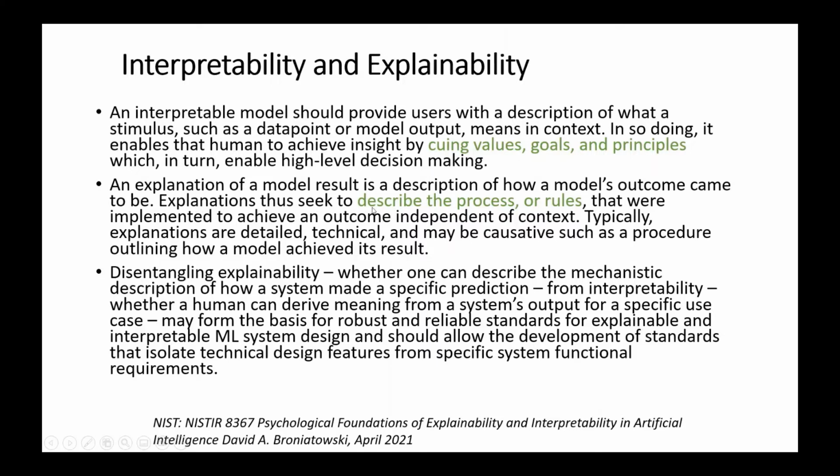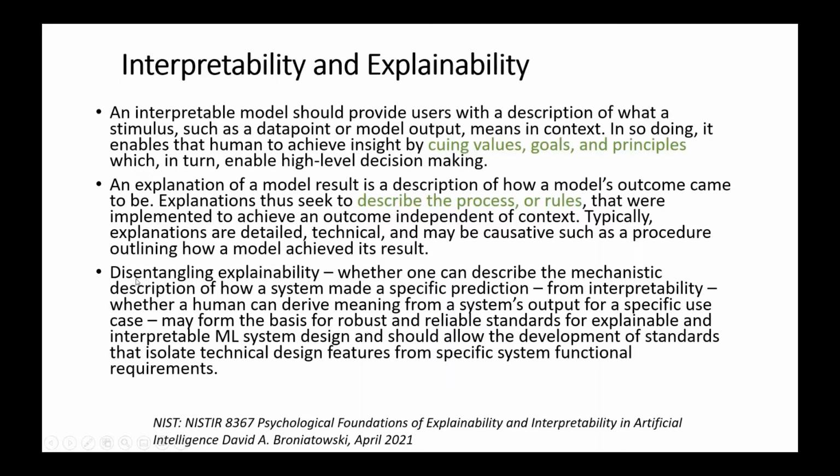Explanation thus seeks a description of the process or rules that were implemented to achieve the outcome, independent of the context. Here we need more technical people to convince that this is the right approach.